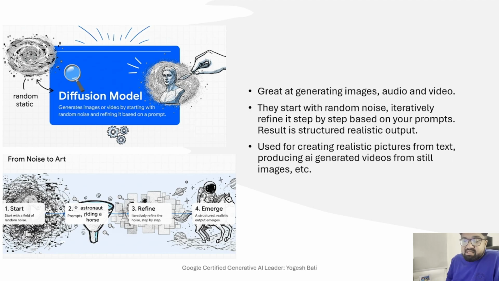So say for example, I start with a random noise, then the prompt comes: make an image of an astronaut riding a horse, and then this noise is refined iteratively, step by step, to emerge as a structured realistic image where the astronaut is riding a horse. So these kinds of models are used for creating realistic pictures from text, producing AI generated videos from still images, etc.